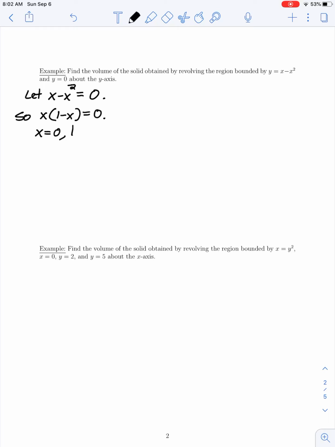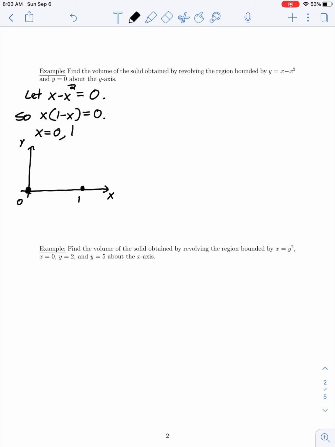So let's see if we can sketch this. We have, in the xy plane, one of our curves bounding this region was the x-axis, which is already shown. And let's see if we can find the points of intersection with our other curves. So we had x equals 0, so y is also 0, and x equals 1.